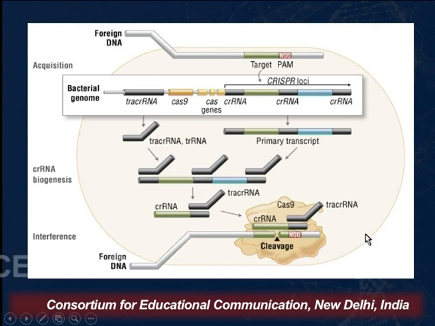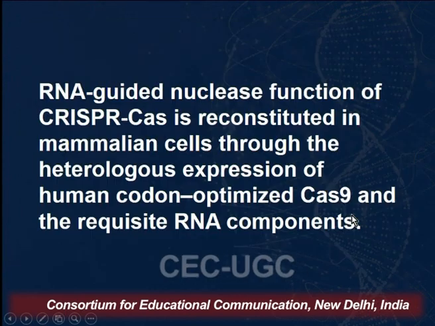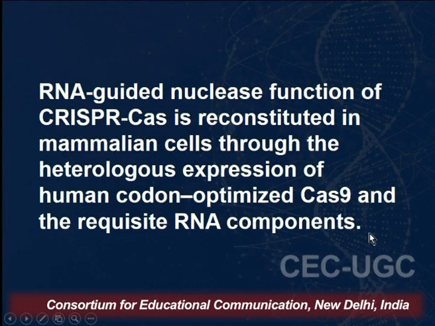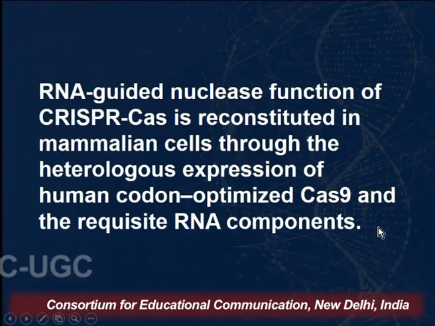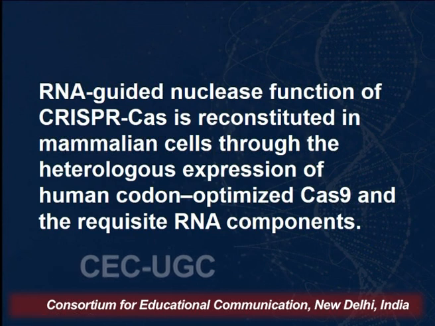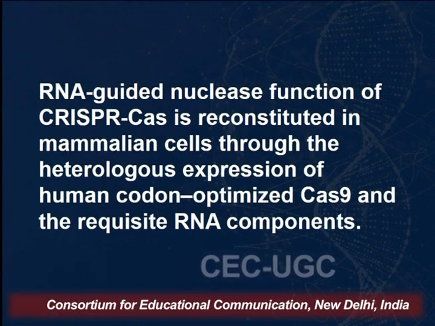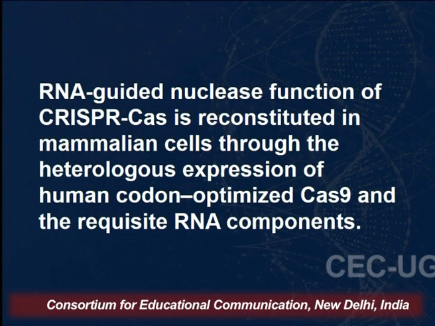So this is an important mechanism where the formation, the biogenesis of crRNA and then the interference takes place to abrogate the function or whatever the outcomes of the genome editing are. RNA guided nuclease function of CRISPR-Cas is reconstituted in mammalian cells through the heterologous expression of human codon optimized Cas9 and the requisite RNA components.